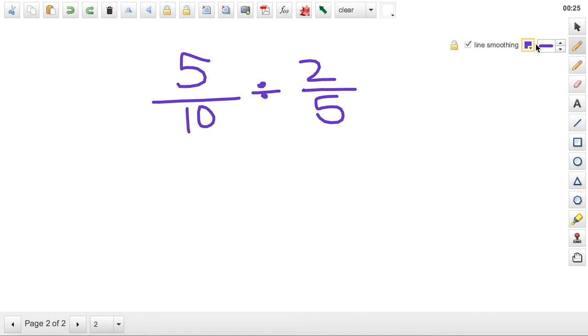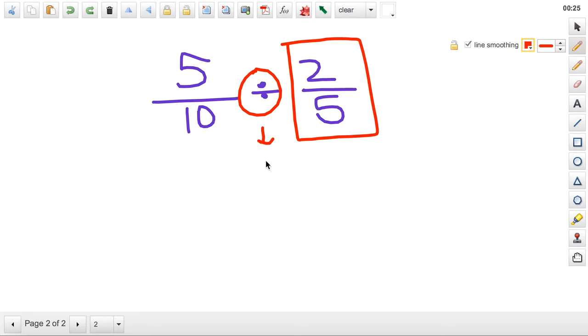So basically, you need to find the reciprocal of 2/5. Along with flipping your second fraction, basically flipping the denominator and numerator, you also have to use the inverse operation. Inverse, if you forgot, means opposite. So the opposite of division is multiplication.